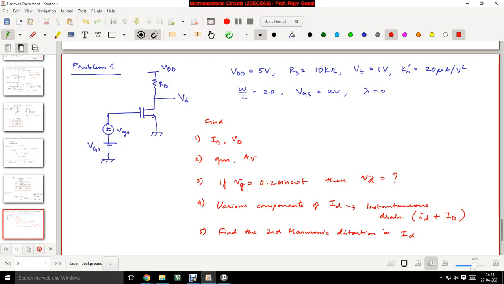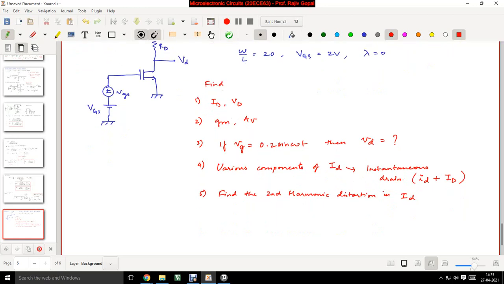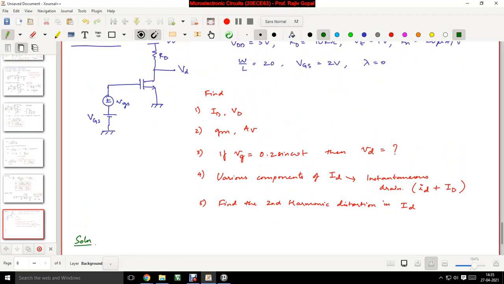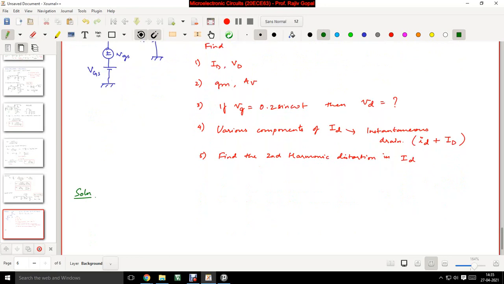Let us go about this step by step. Solution. First I have to find ID and VD. ID I can straight away write with this formula: ID is half Kn prime W by L into (VGS minus VT) whole square. All the values are given.